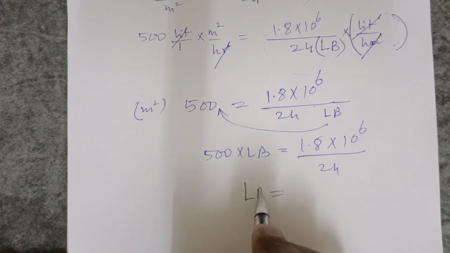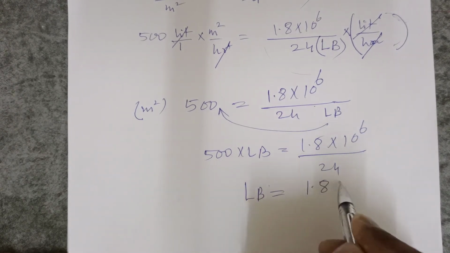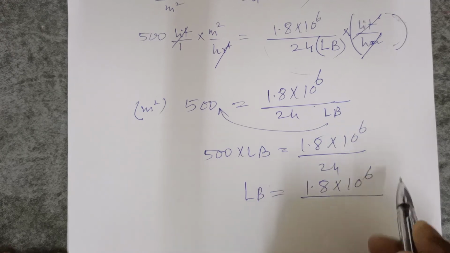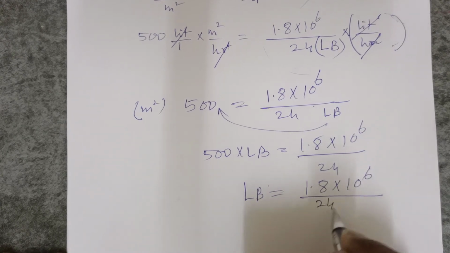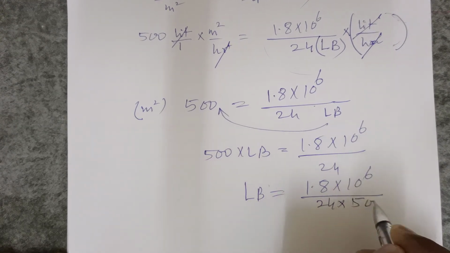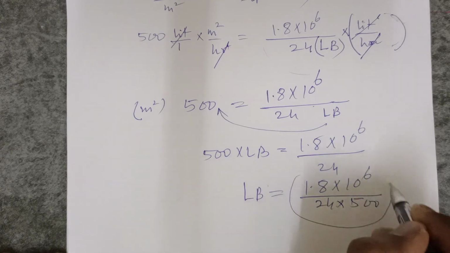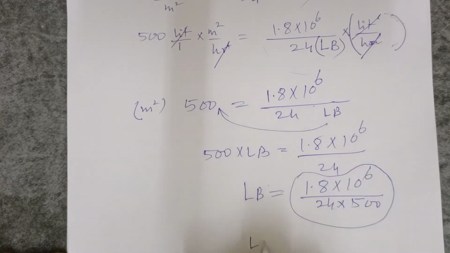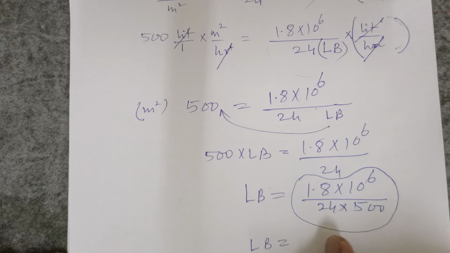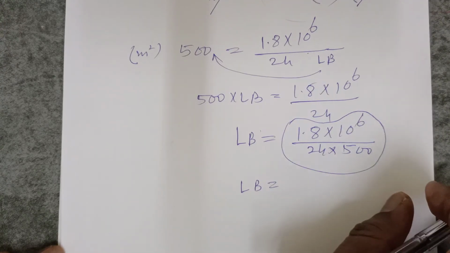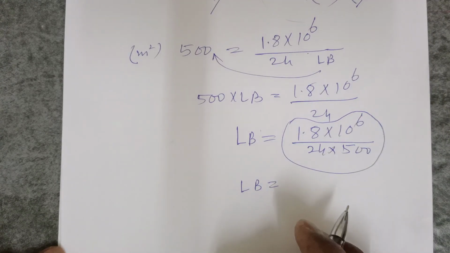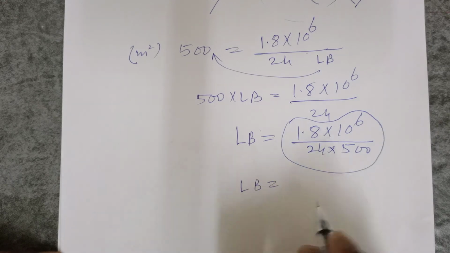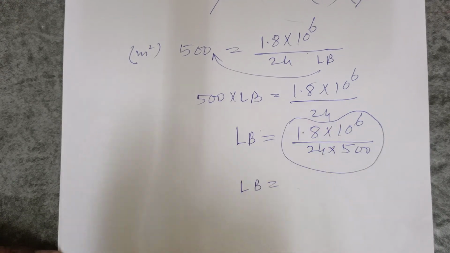Now L into B will be equal to 1.8 into 10 to the power 6 divided by 24 into 500, as this 500 will come in multiplication. When I solve this, I will get L into B, whatever it is, I will keep as it is.